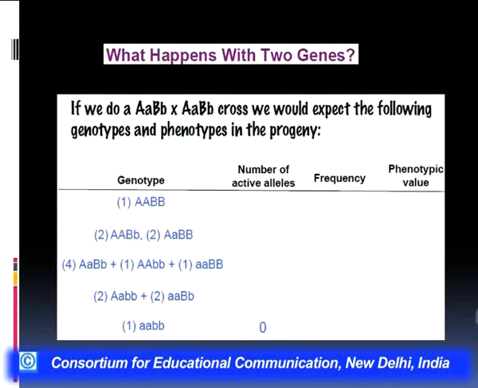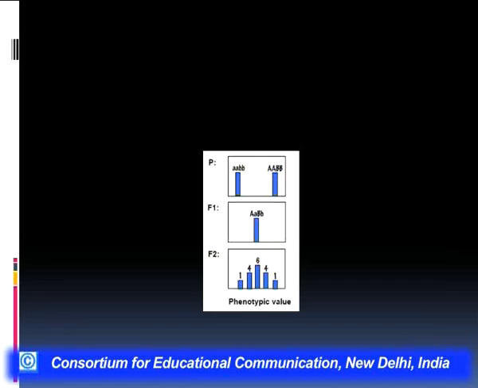Likewise, we would find that if the genotypes and phenotypes of a dihybrid cross do not have any active allele at all. Now, here what do we mean by an active allele? We mean that there is no dominant allele at all. In that case, the frequency of that particular phenotype will be entirely different.